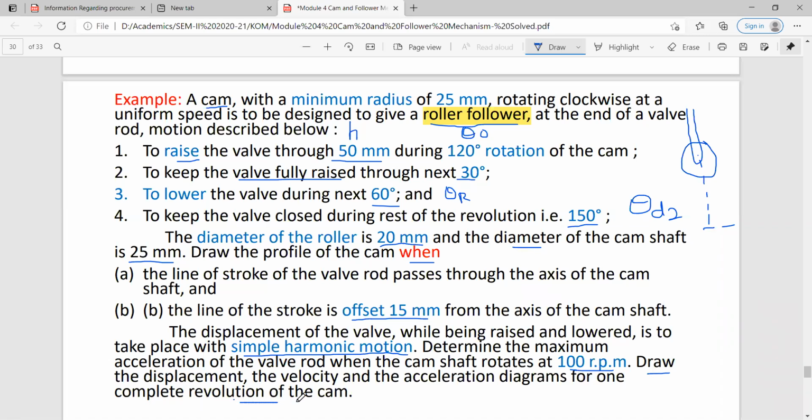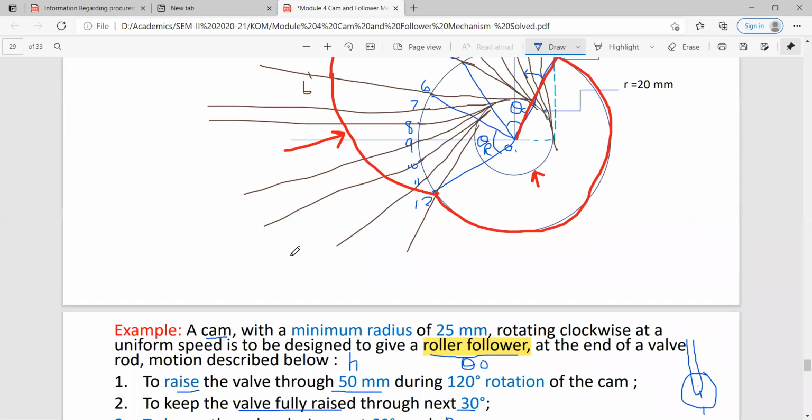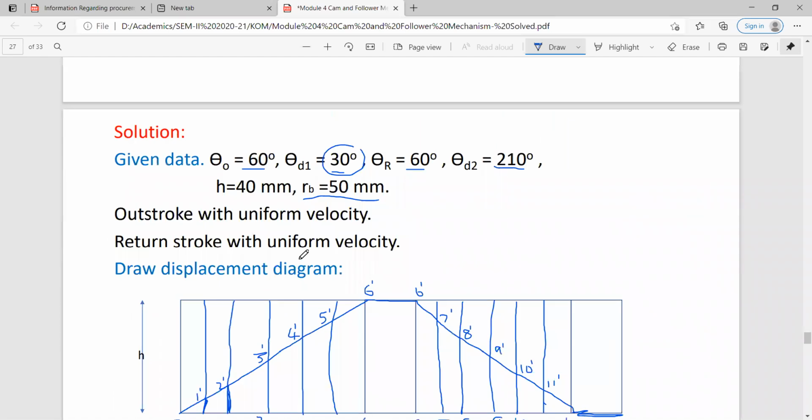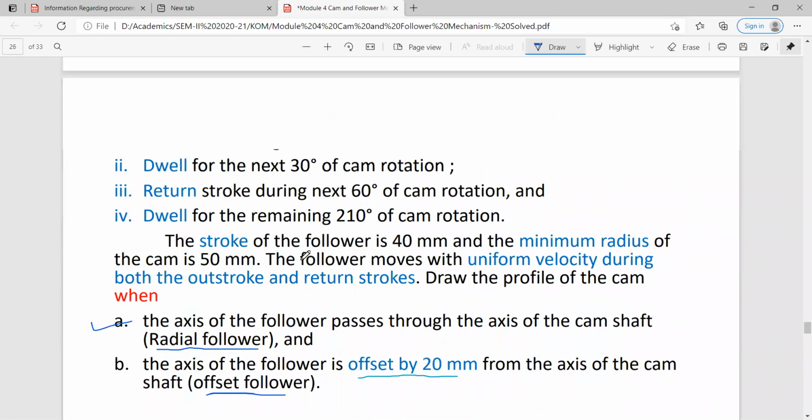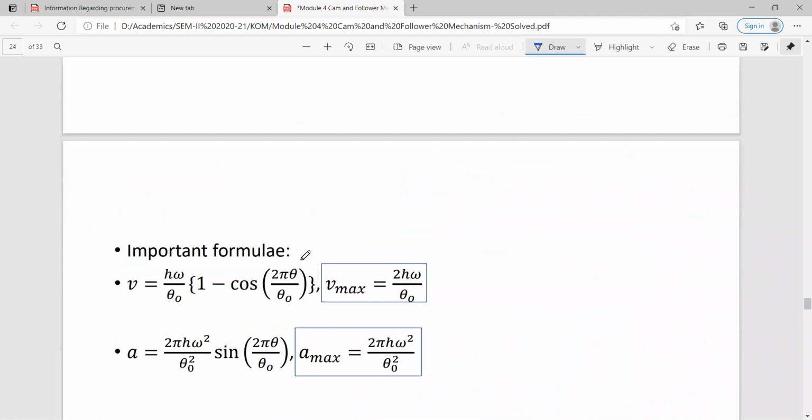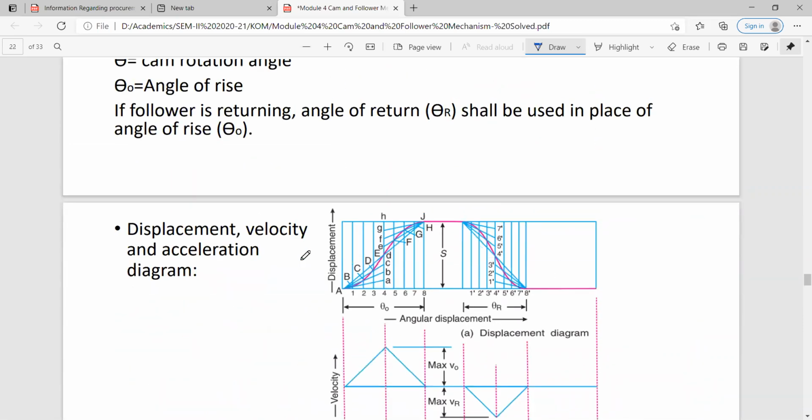We have also seen how the velocity and acceleration diagrams look in case of simple harmonic motion. Just for a relook, I will show you the velocity and acceleration diagrams in case of simple harmonic motion.